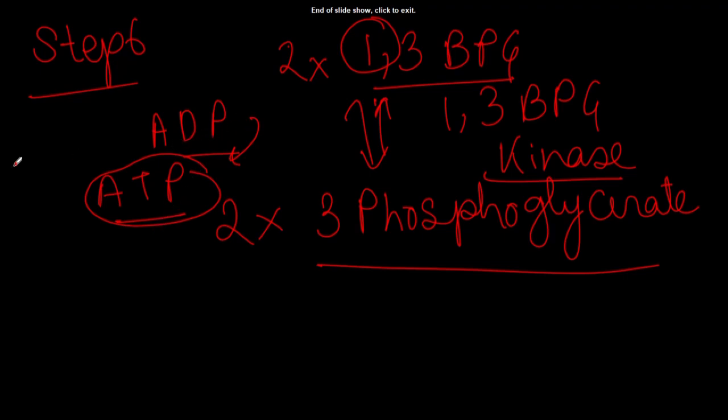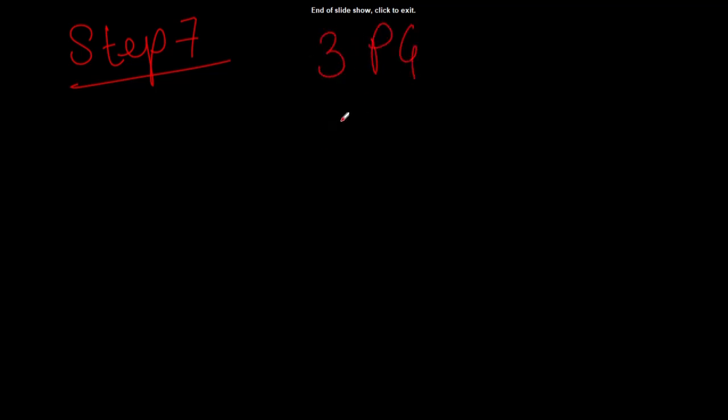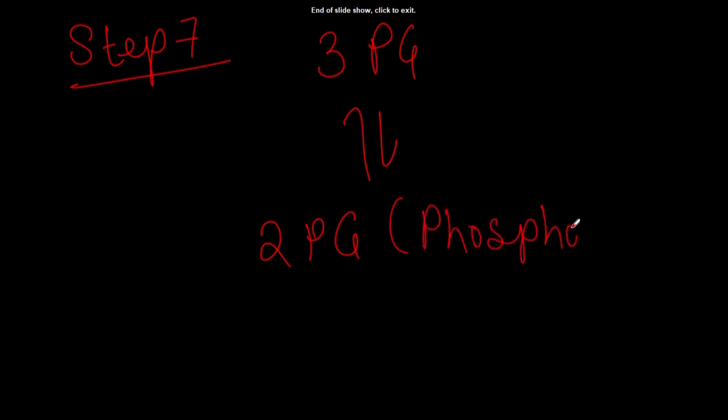Okay, so let's continue to step 7. So what is step 7? 3 phosphoglycerate gets converted into 2 phosphoglycerate. By the way, 2 molecules of ATP were formed.